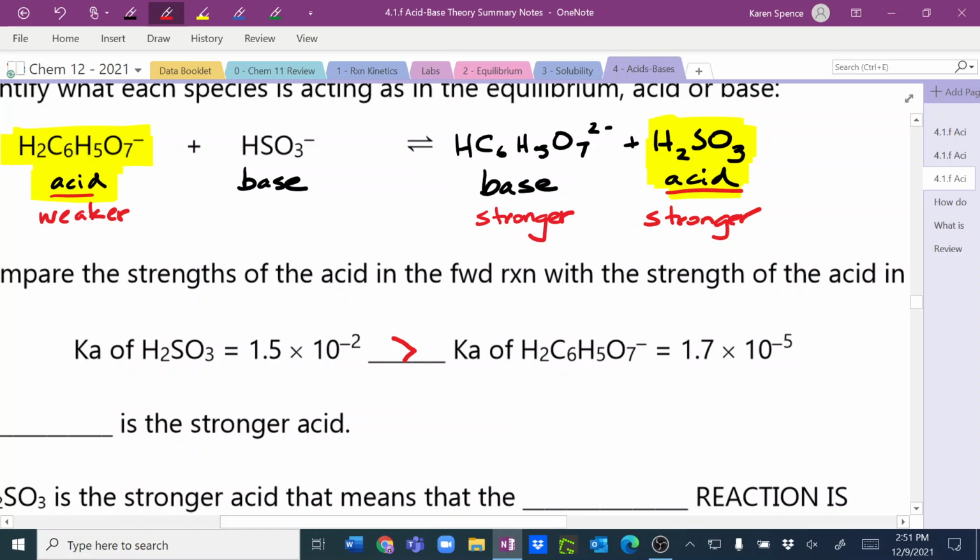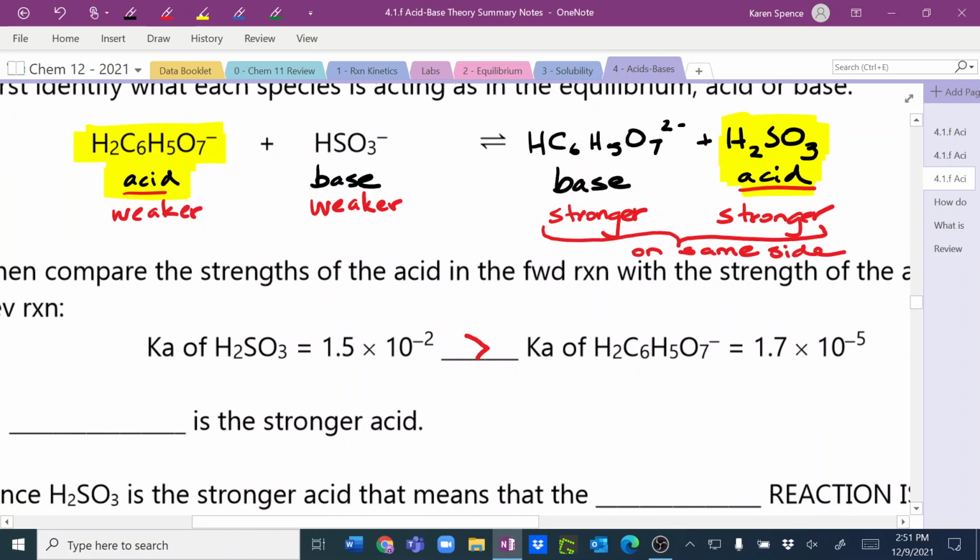Because remember, the two stronger things are always on the same side. Yep, so the products are stronger. And that means that my reactants are weaker. Which side is favored? We always favor the weaker side.